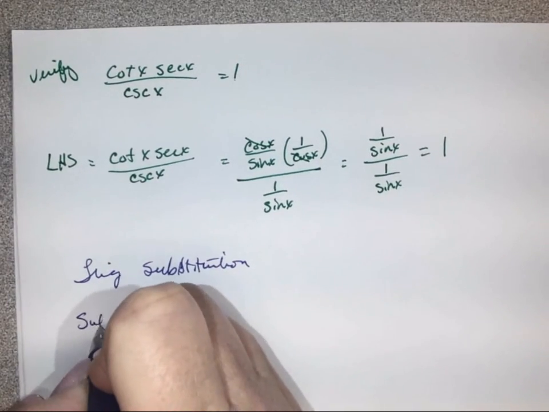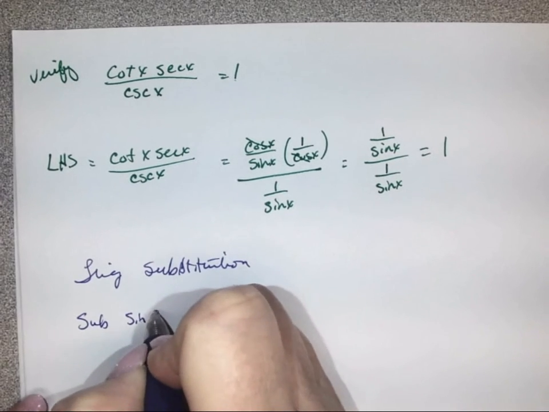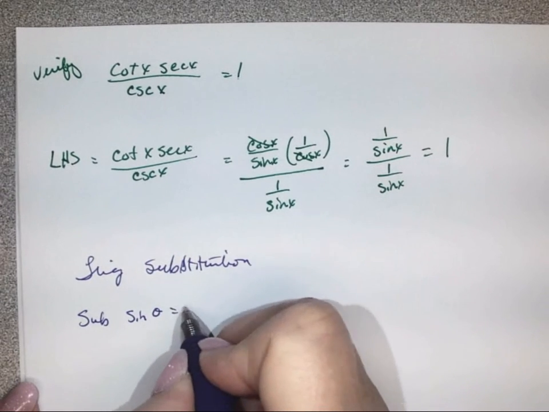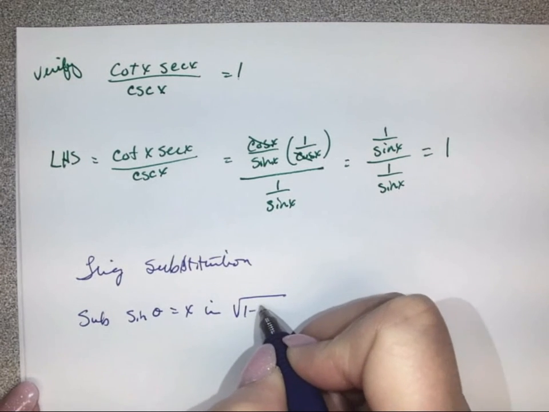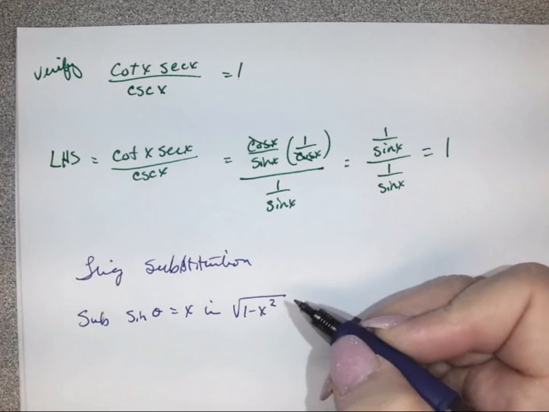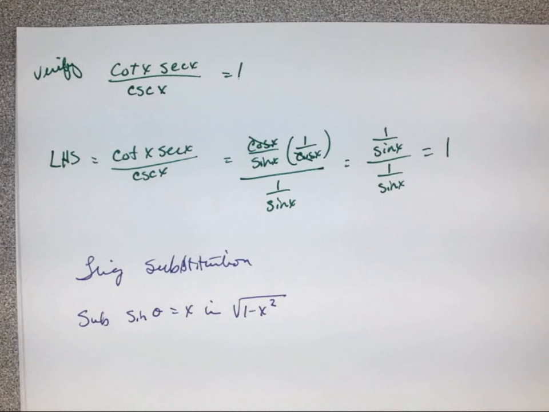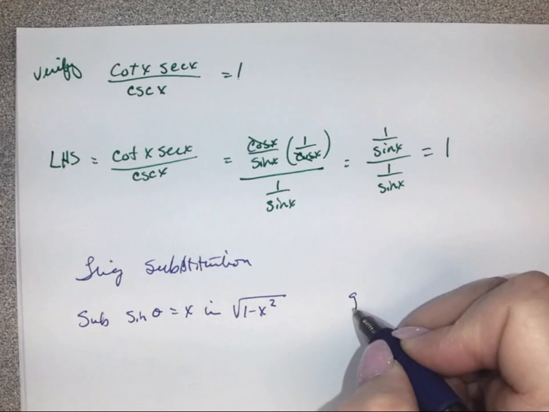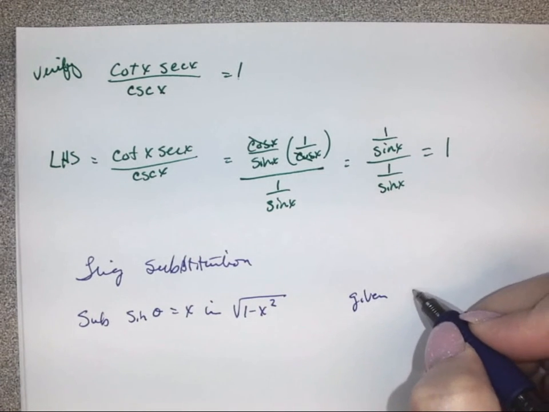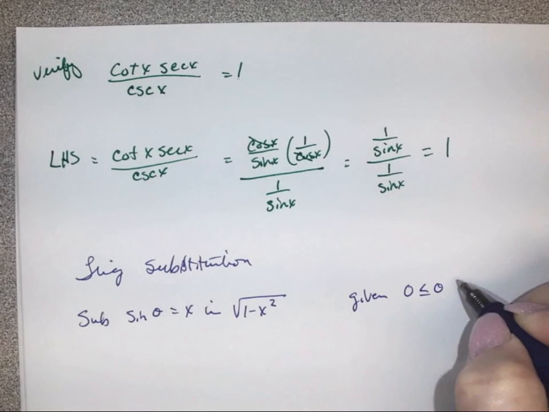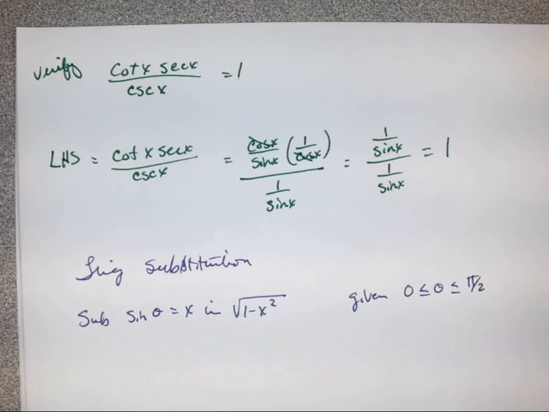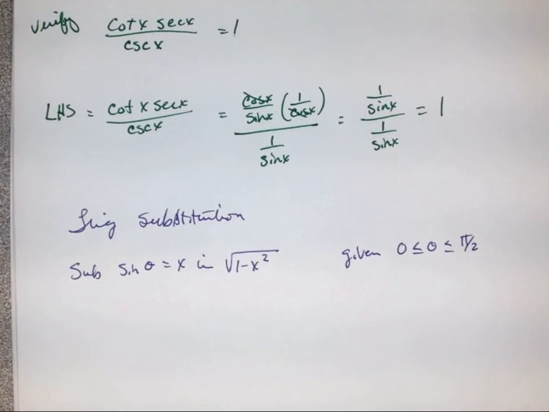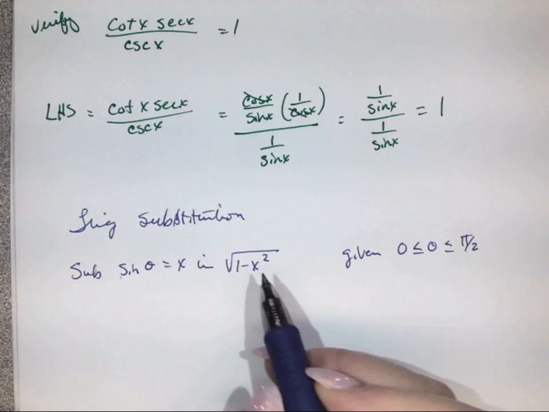So we're going to sub sine theta is equal to x in the square root of 1 minus x squared. And we are given that our theta is between 0 and pi over 2. So we're going to sub in sine theta into here.